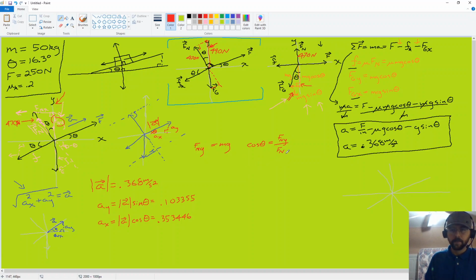So force normal equals force normal y over cosine of theta, which equals mg over cosine of theta, which equals 50 kilograms times 9.8 meters per second squared divided by cosine of 16.3.